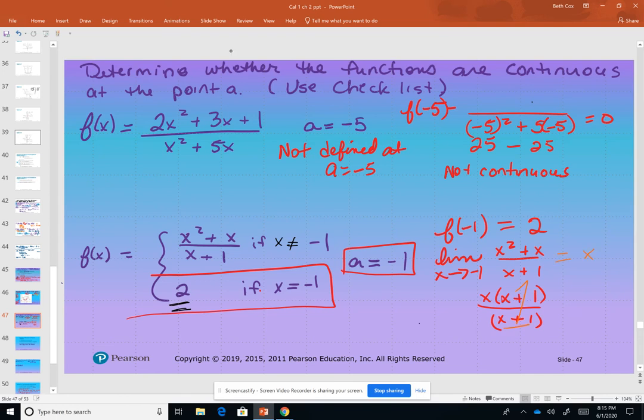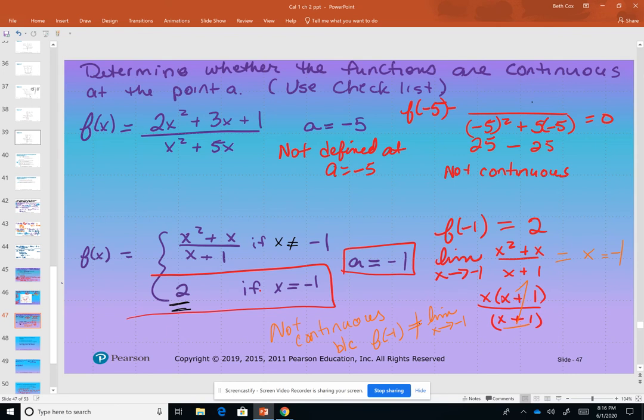So I get x, I can plug in. So my limit is actually negative 1. But is it continuous? No, it's not continuous, because the value at negative 1 is not equal to the limit as x goes to negative 1.